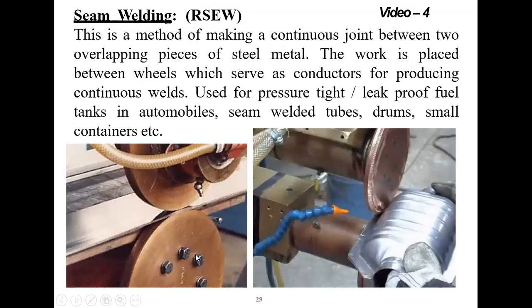In spot welding, we saw there are two electrodes made of copper. In seam welding, there are also two electrodes, but the shape is different. We are using two wheels which act as electrodes, and this is the continuous type of spot welding.